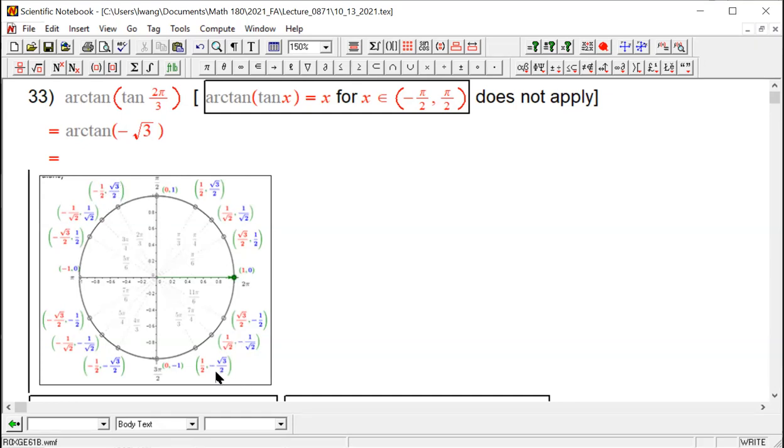It's over here, right? Yes, it will give us the same ratio. Do you follow me? It gives us the same ratio of negative root 3. Do you see that? But which one will have the terminal in the range of arctangent?